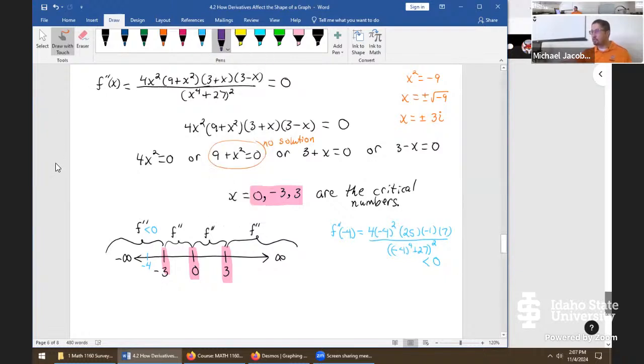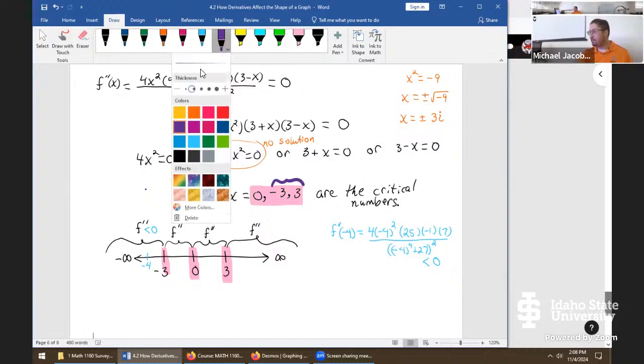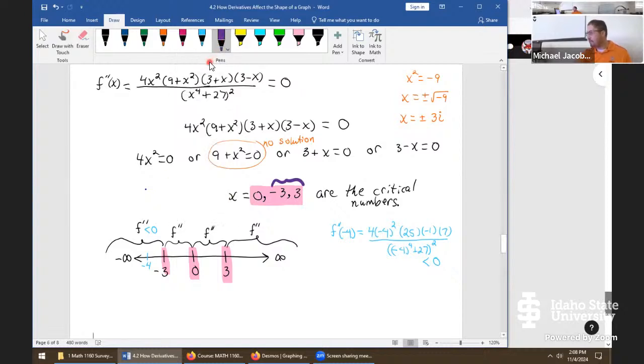So when we look at these critical numbers, not all of them are really created equal. For example, this -3 critical number came from right here. And that group had a degree 1. So we'll say these two, oops, let me fix the pen, have odd multiplicity.